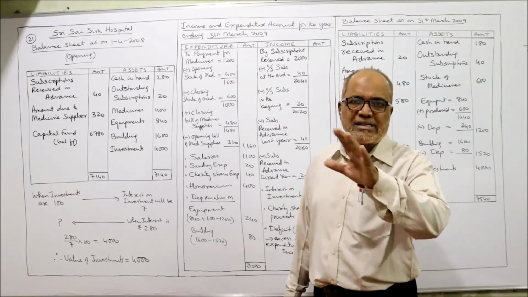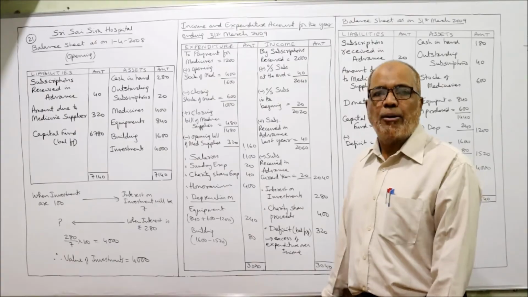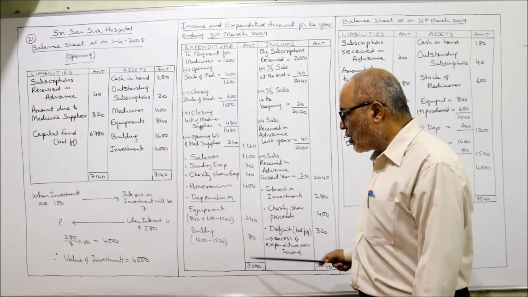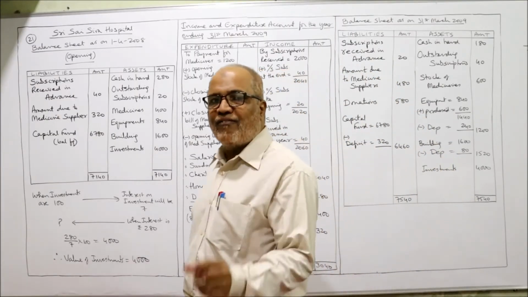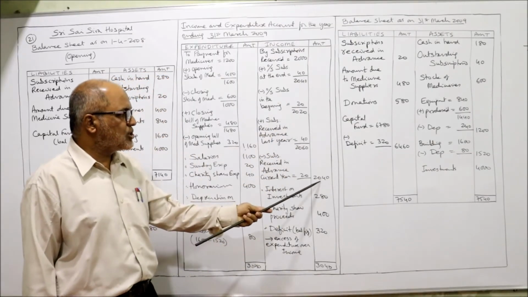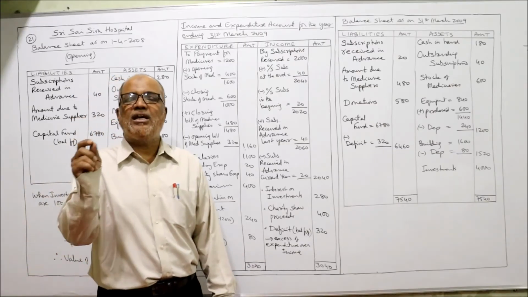Now on a piece of paper separately you calculate the total of expenditure and the total of income. In this problem you will find expenditure is more. The total on the expenditure side is 3040. From 3040 deduct the income items, minus 2040, minus 280, minus 400. The balancing figure is 320.